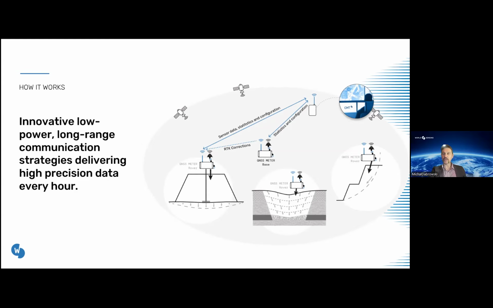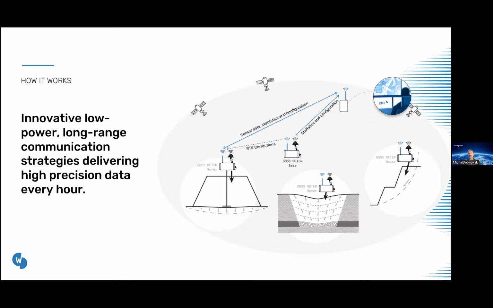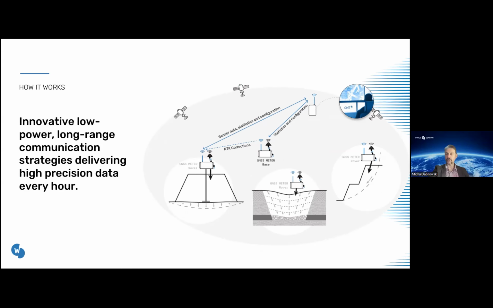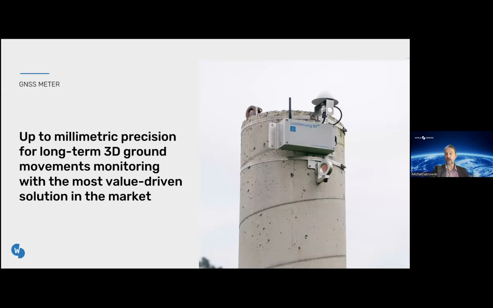So how do we do that? The entire system obviously works outdoors. It needs to be deployed in an area where it can capture as much information from satellites as possible. We're talking about open sky, probably about 75% of the entire horizon around the antenna. The antenna is the point of capturing the GNSS data, and the square box that you see below, we call that a logger or G7 logger.